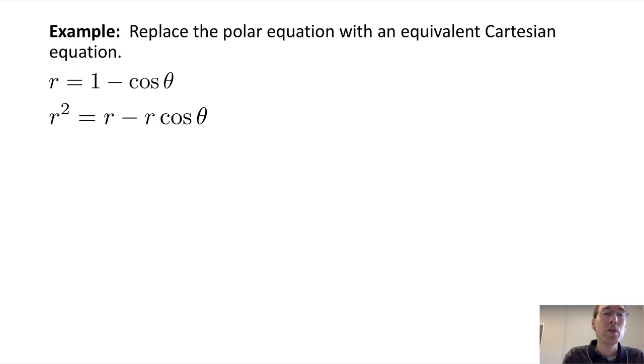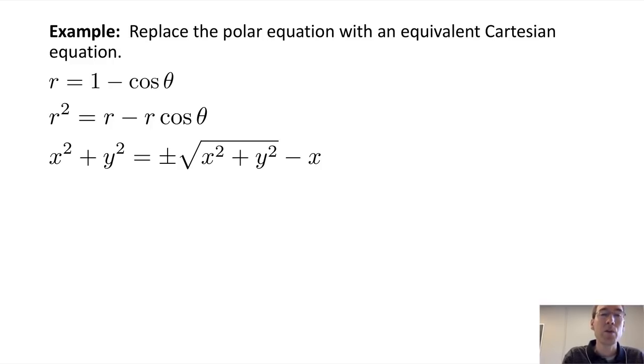That allows me to replace r squared with x squared plus y squared, and r with plus or minus the square root of x squared plus y squared, and of course r cosine theta can be replaced with x.